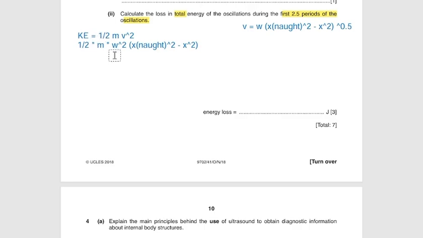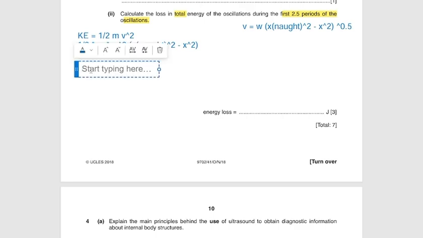This is for kinetic energy, and we have one for total energy and another for the gravitational potential energy as well. So for the total energy, which I'll indicate as TE, that is 1 by 2 m omega square into x naught square.